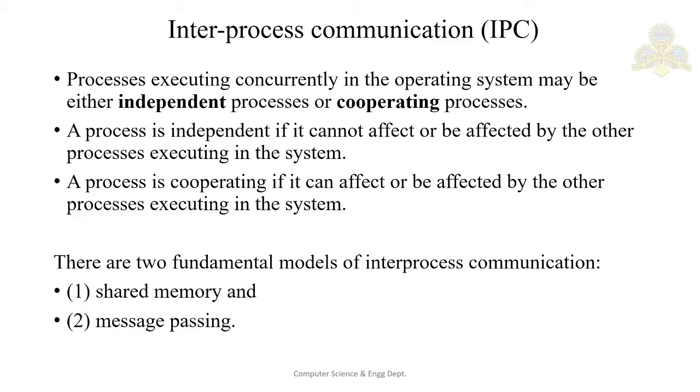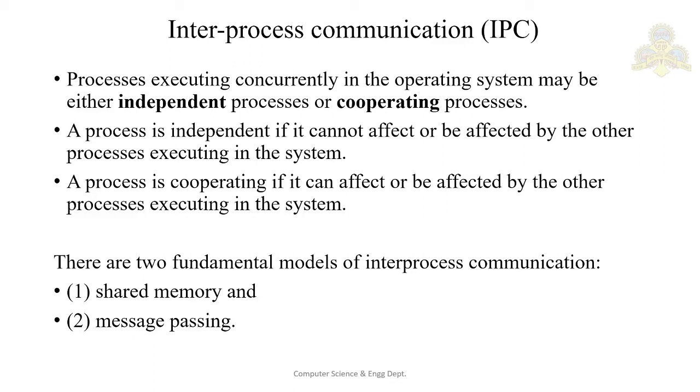The processes executing concurrently in an operating system may be either independent processes or cooperating processes. We say that a process is independent if it will not affect any process in the system, and it cannot be affected by any process executing in the system.